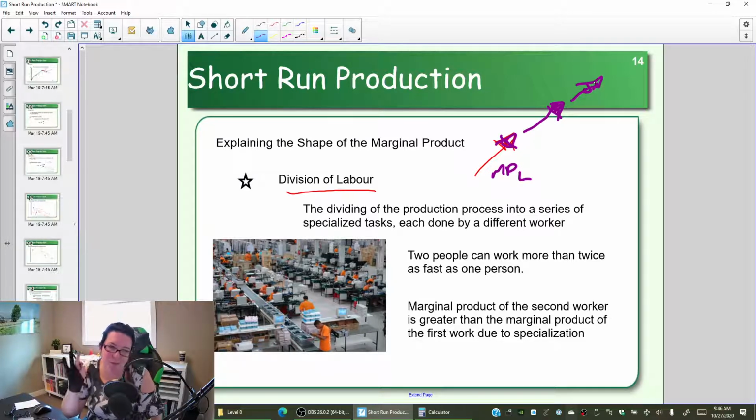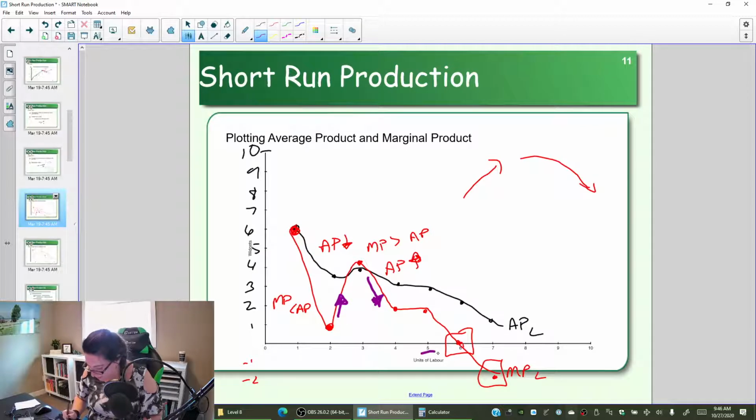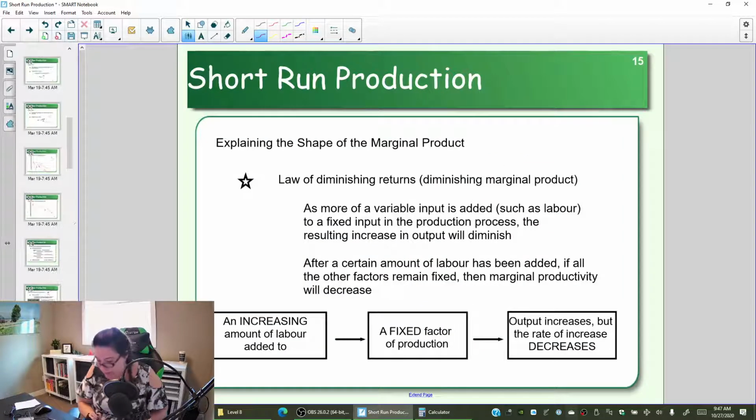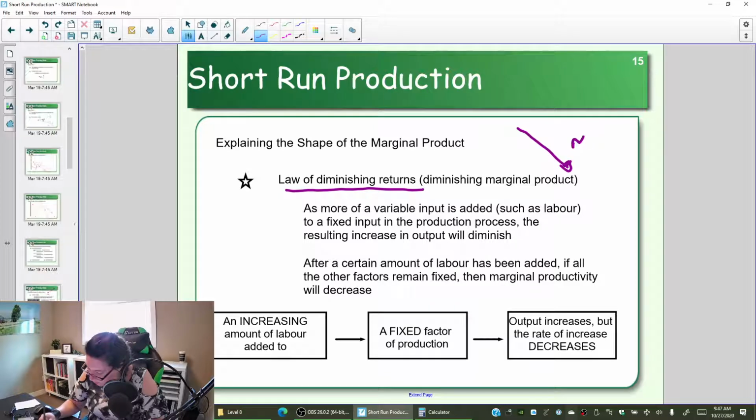So you could probably get 4 specialized tasks out of these widgets. So as we hire more and more workers, the 5th worker, the 6th worker, the 7th worker, there's not a new unique job for them to do. So what happens is we get the law of diminishing returns. We get a decreasing marginal product.